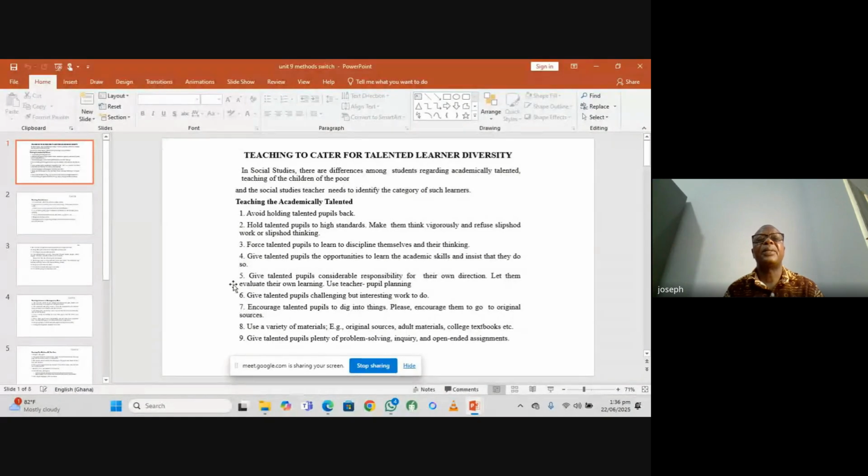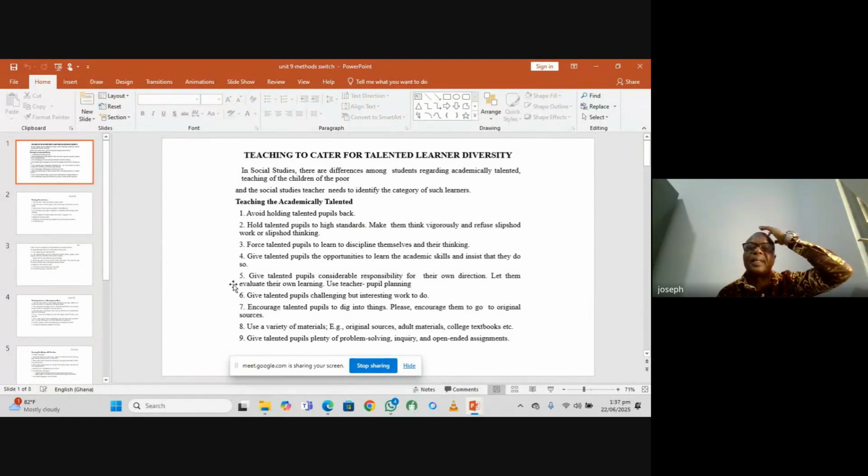Yes, teaching to cater for talented learners' diversity. In social studies, there are differences among students regarding academically talented teaching of the child of the poor. In the classroom, they are not the same.